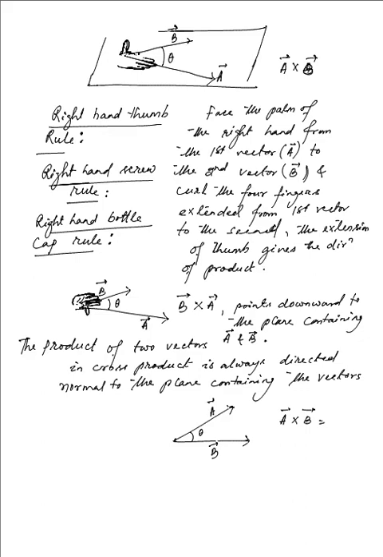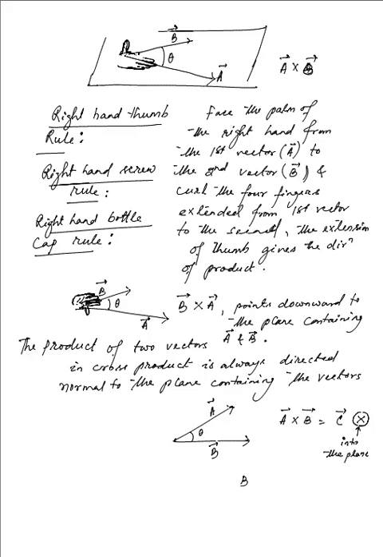So in that case, the C vector is directed into the plane, and into the plane is usually represented by a cross encircled. This means into the plane in which the vectors are present, or the plane that we are considering right now.